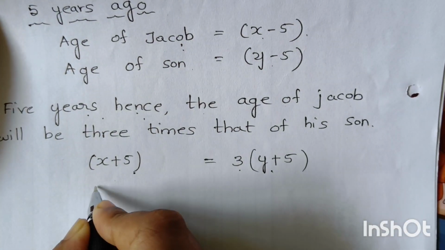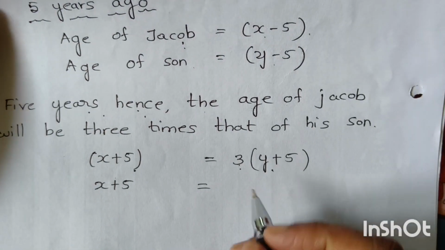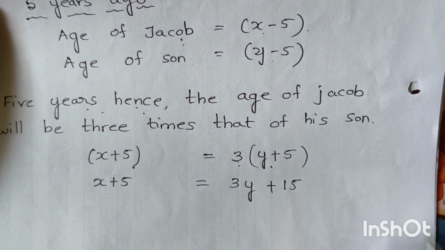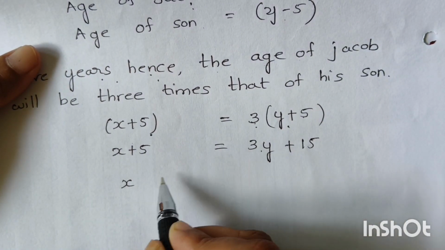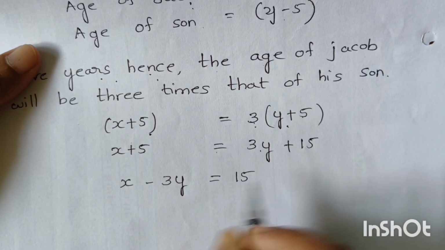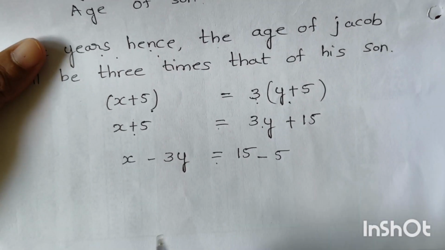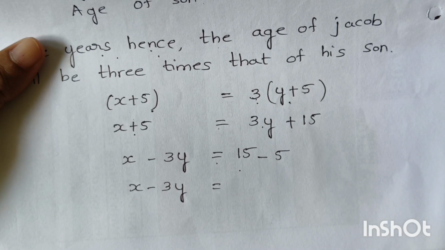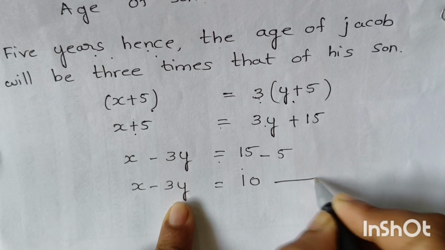Let me simplify this. x plus 5 is equal to 3 into y plus 3 5s are 15. x minus 3y, when it crosses the equal to sign, 5 will become minus 5, so x minus 3y is equal to 15 minus 5, which is 10. Let us consider this as equation 1.